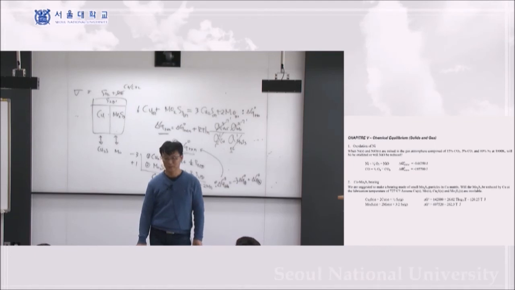When you have delta G of reaction as a function of temperature, if you take the derivative of delta G over T with respect to 1 over T, then you can get delta H. And once you know delta H, you can calculate delta S.